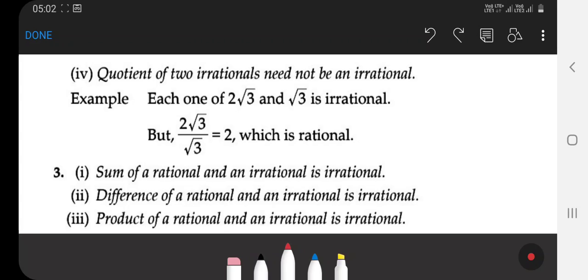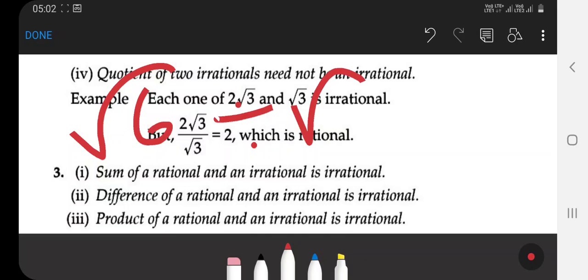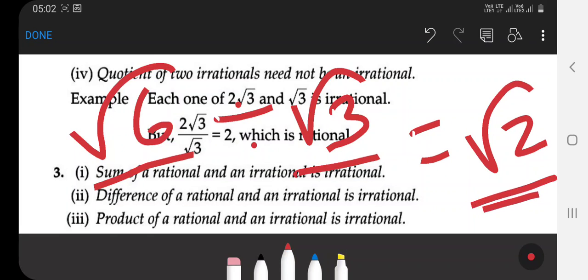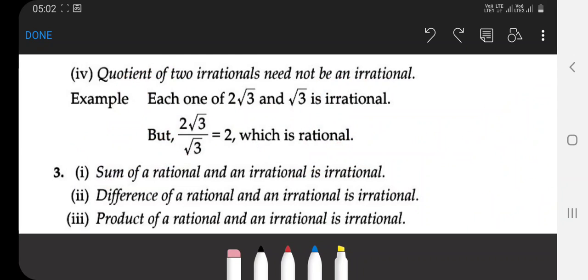Again, root 6 divided by root 3 gives the result root 2, which is irrational. So you understood that the quotient of two irrationals may be rational or irrational.